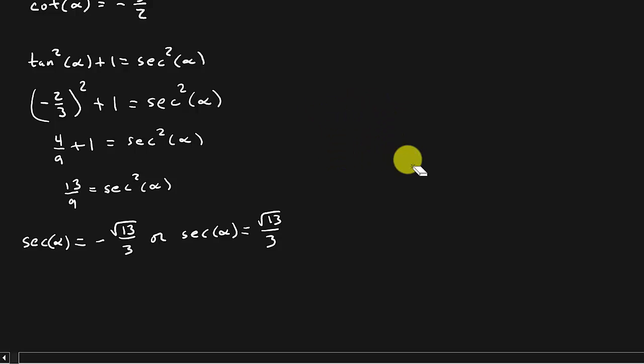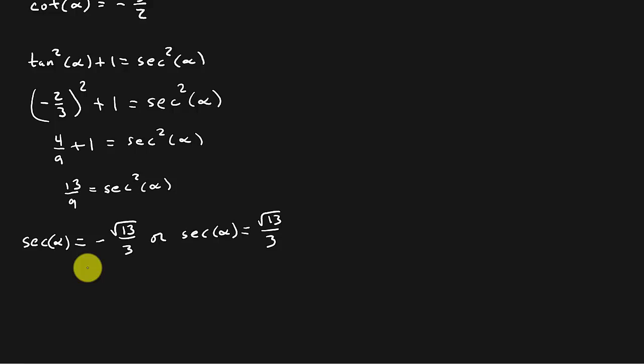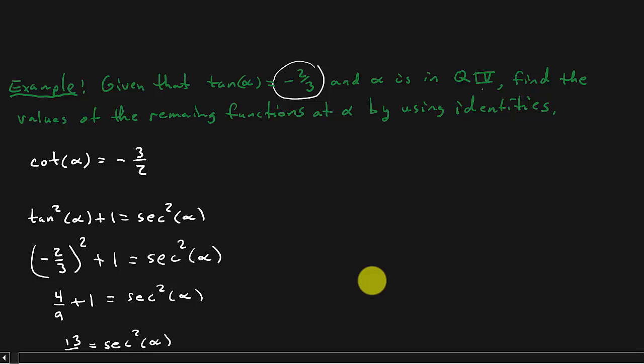Okay? So now, here's a problem we have. We've got that it equals a negative or it equals a positive. So which one is it? Well, let's look and see. It tells us that alpha is in quadrant 4.